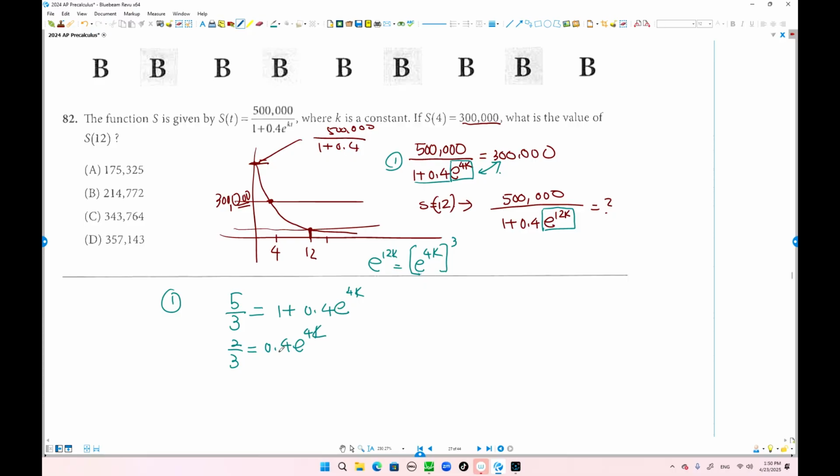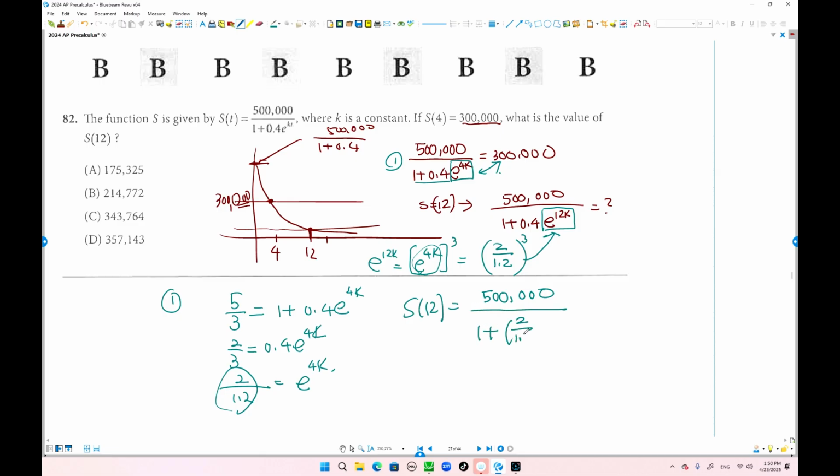Dividing by 0.4, 2 over 3 times 1.4... that gives e to the 4k equals 2 over 1.2. So cubing that is the value of e to the 12k. So S12 equals 500,000 over 1 plus 2 over 1.2 cubed. That's the value.